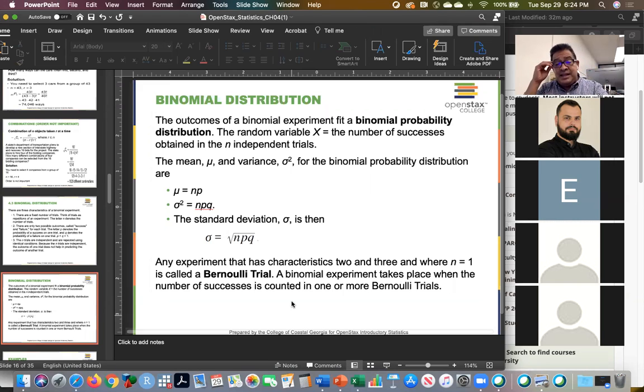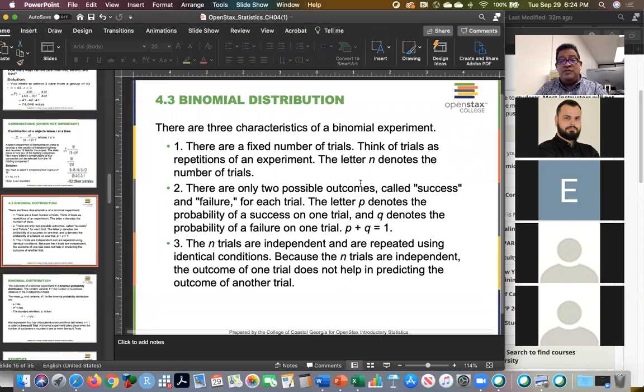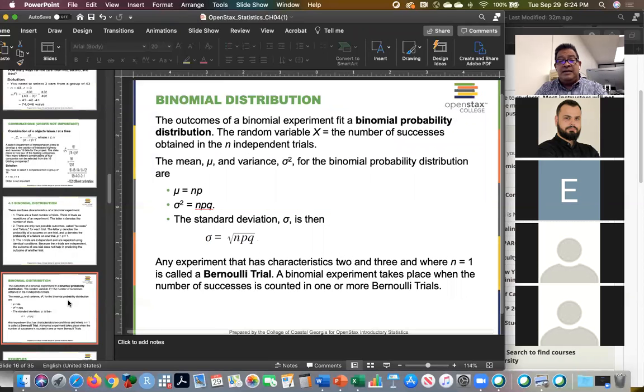Any experiment that has characteristics 2 and 3, meaning that we have two different outcomes, failure and success, and the trials are independent, where the sample size is 1, is called a Bernoulli trial. So a binomial experiment takes place when the number of successes is counted in one or more Bernoulli trials.